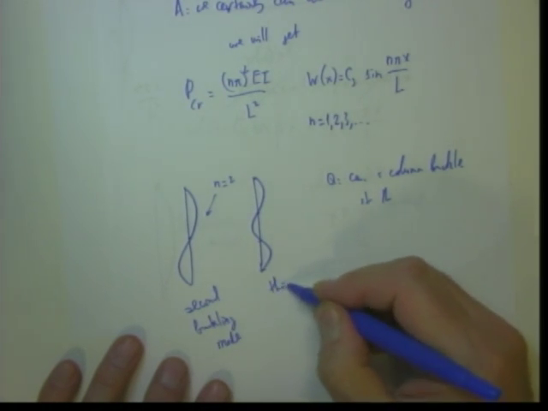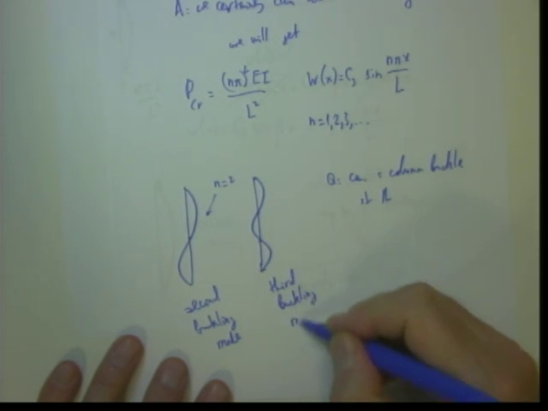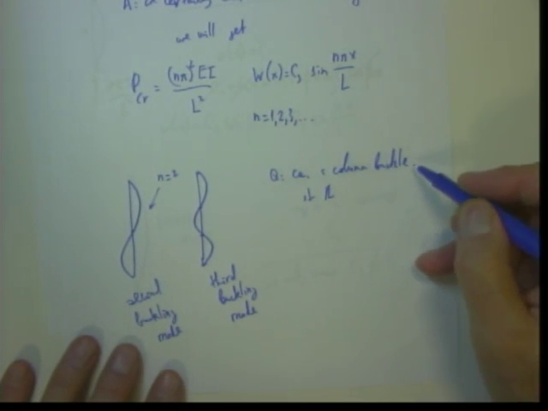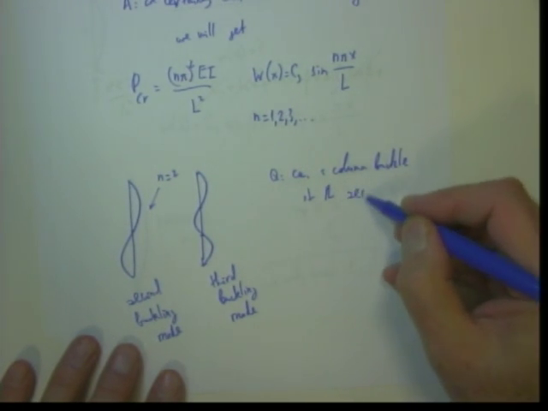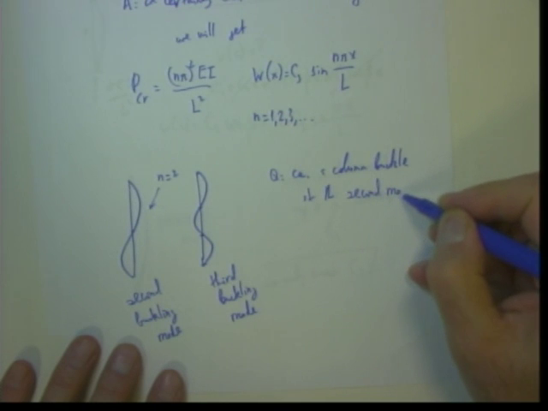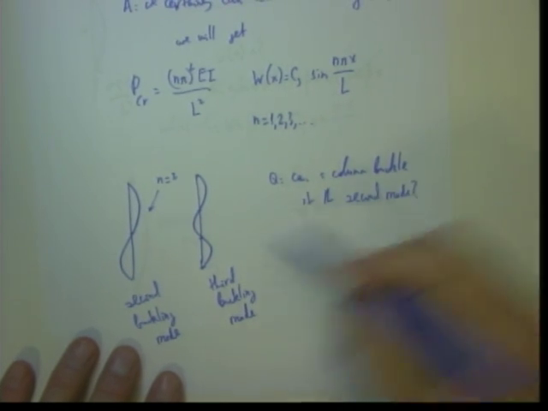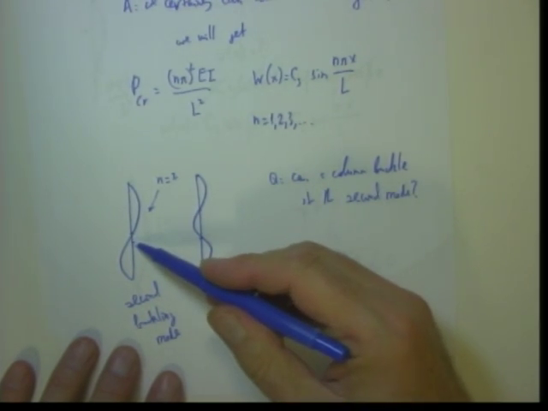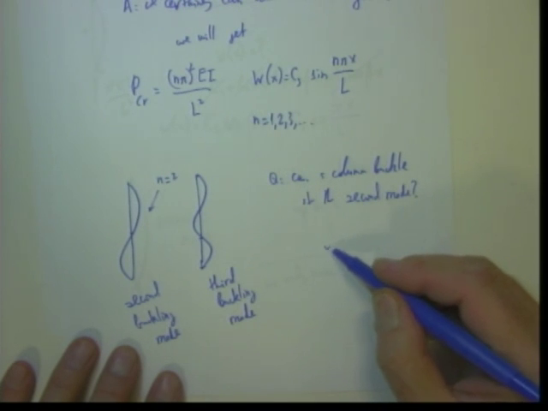That is the third buckling mode. Question, can a column buckle at the second mode? Answer, yes.